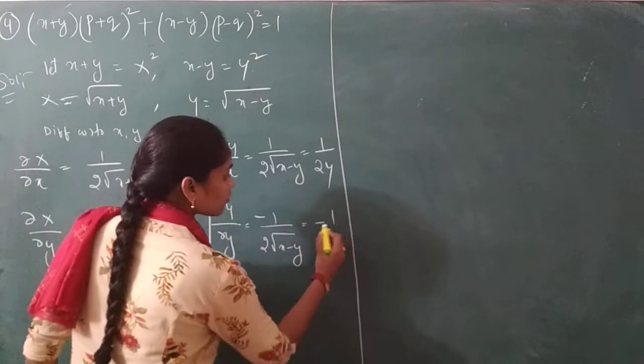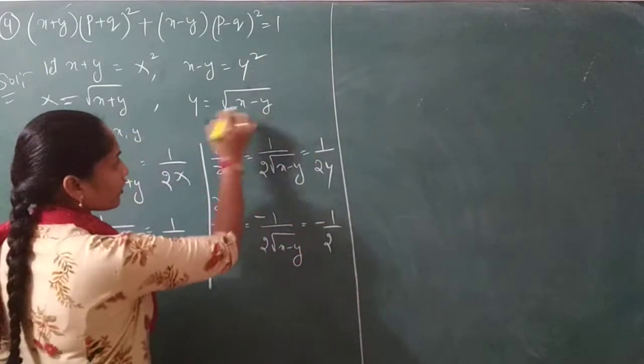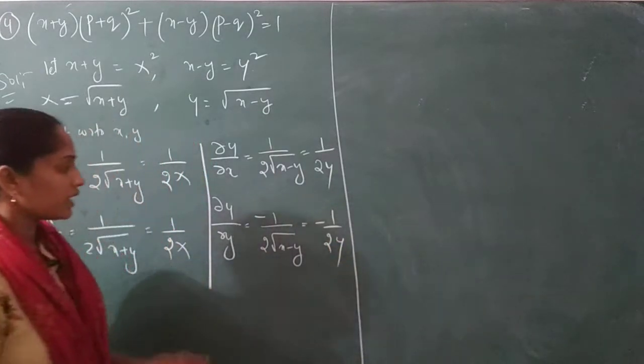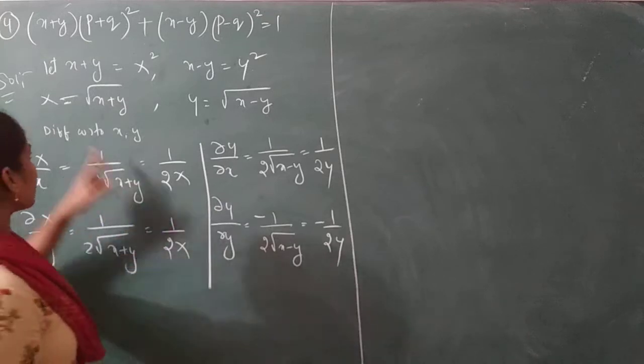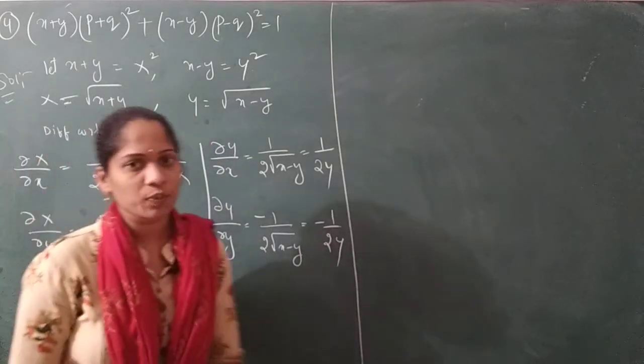So minus 1 by 2 into capital Y. So these are the four values when you differentiate capital X, capital Y with respect to x comma y.